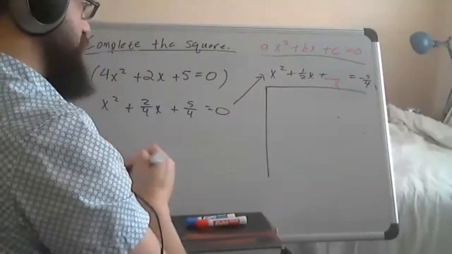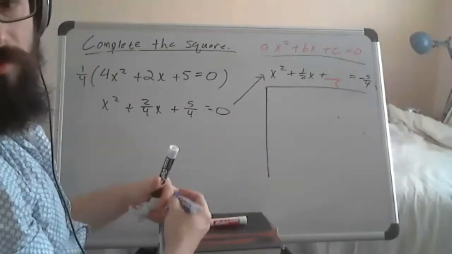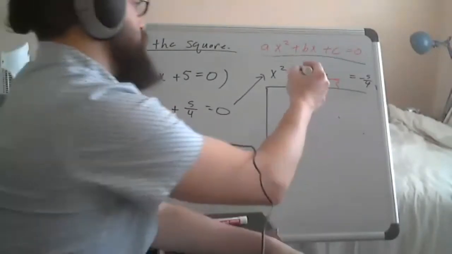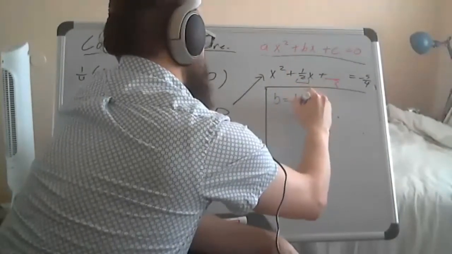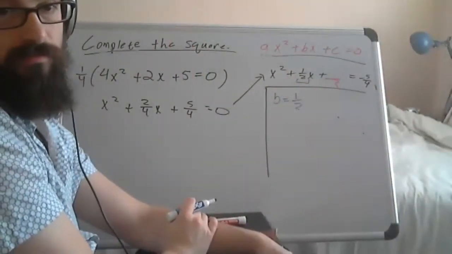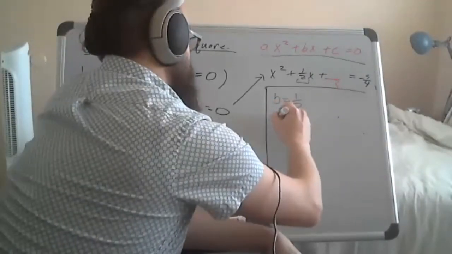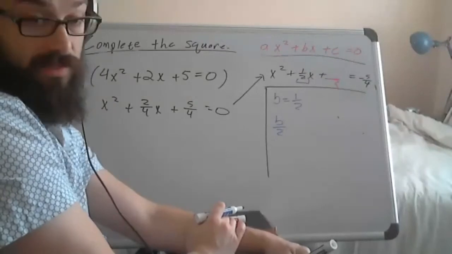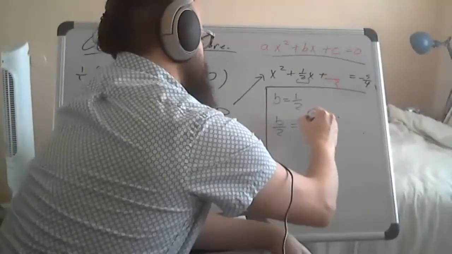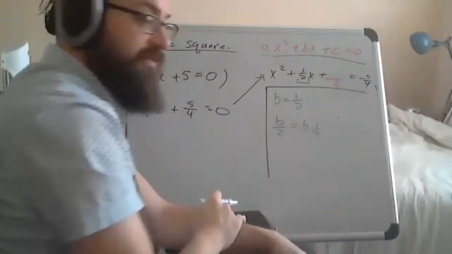Little scratch work. We want to look at our b term. This guy. So b equals 1/2. So b over 2 is the same thing as b times 1/2. That's what we're doing.